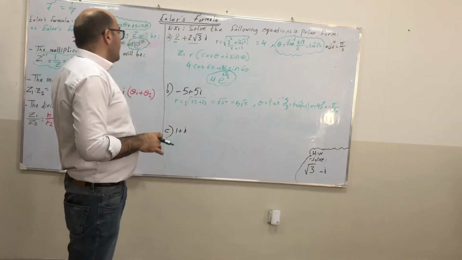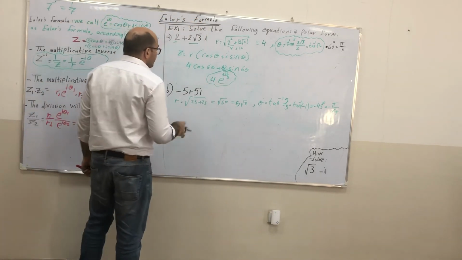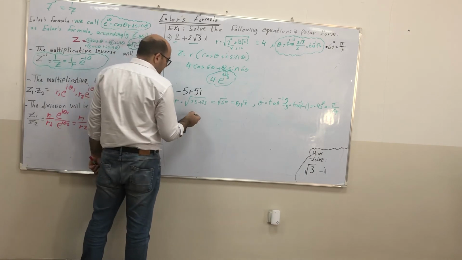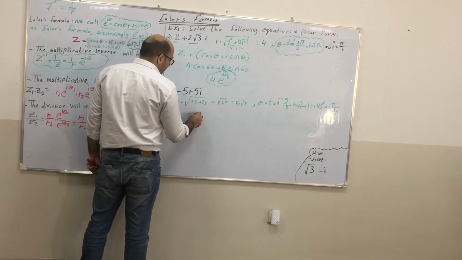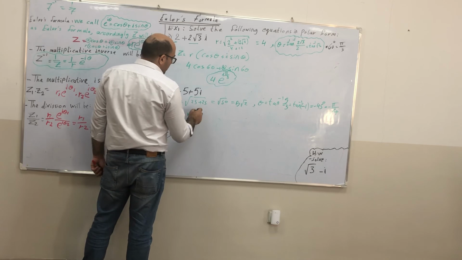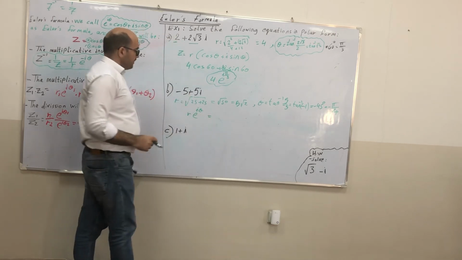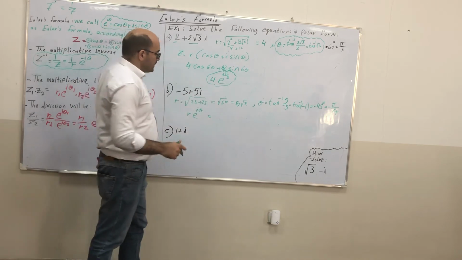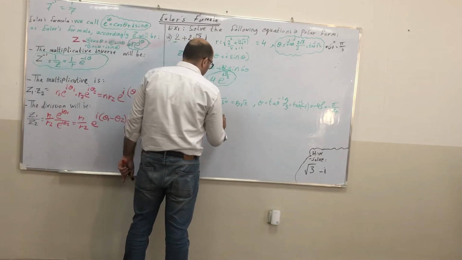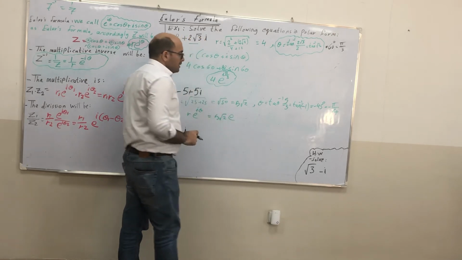Now, let me find the angle. So, my aim is to find r exponential of I theta. So, what is r in here? R is 5 root of 2. What is the angle?